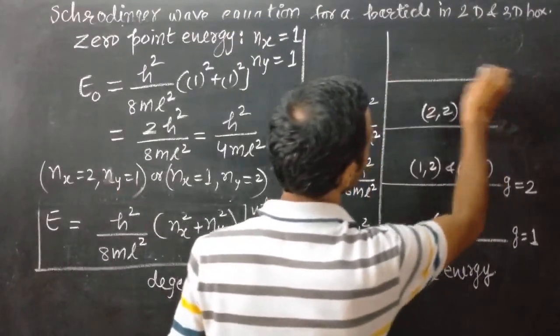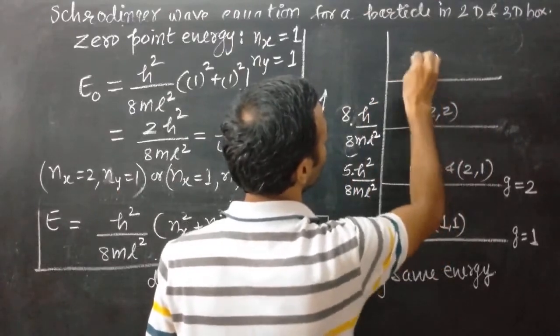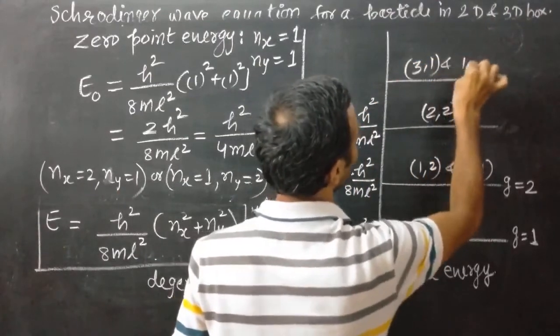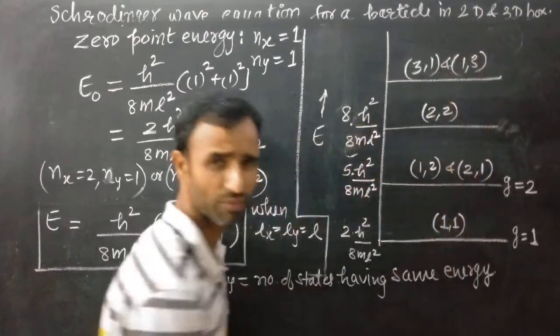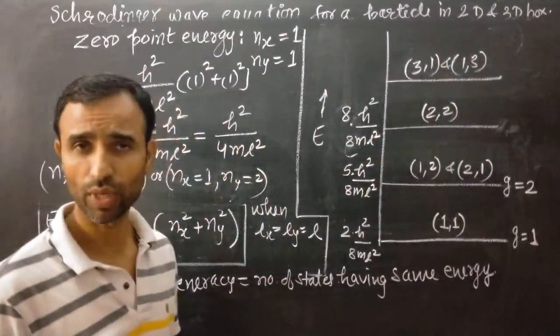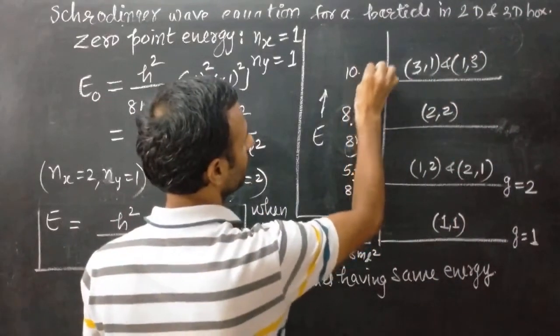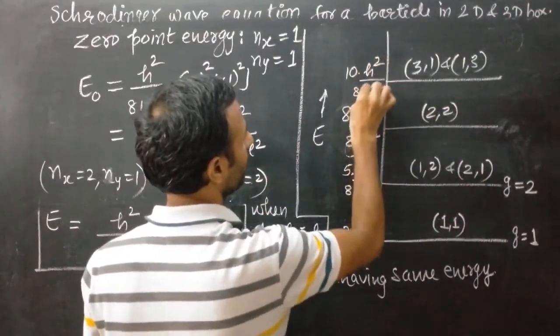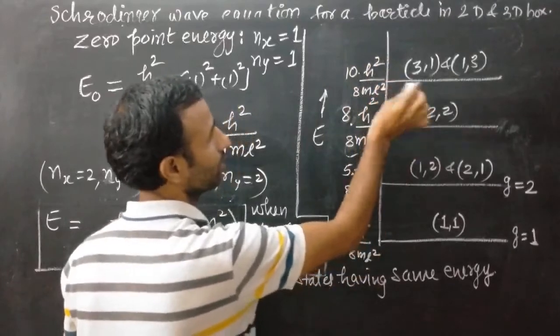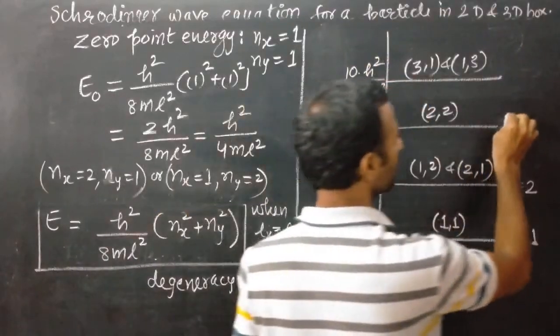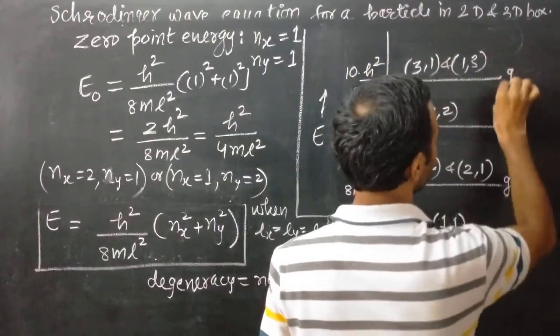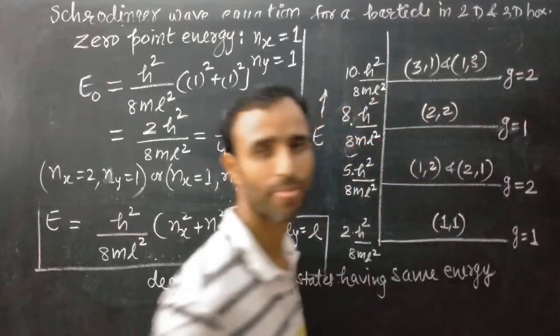Or next is 3, 1 and 1, 3 and so on. 3, 1 and 1, 3, yes. So 9 plus 1 is 10 into h²/8mL², right? So its degeneracy is 1, and this one's degeneracy is 2, right?